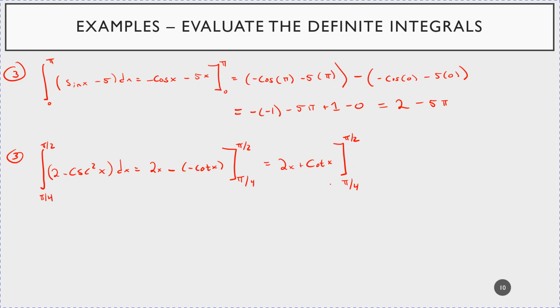All right, let's just plug this in. Okay, so plugging in pi over 2, this is 2 times pi over 2 plus cotangent of pi over 2 minus 2 times pi over 4 plus cotangent of pi over 4.